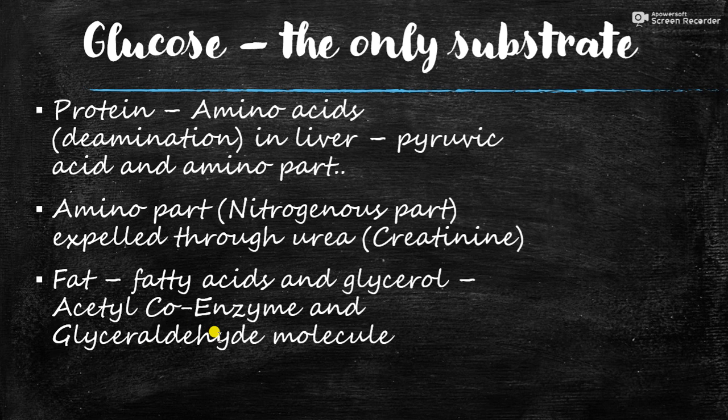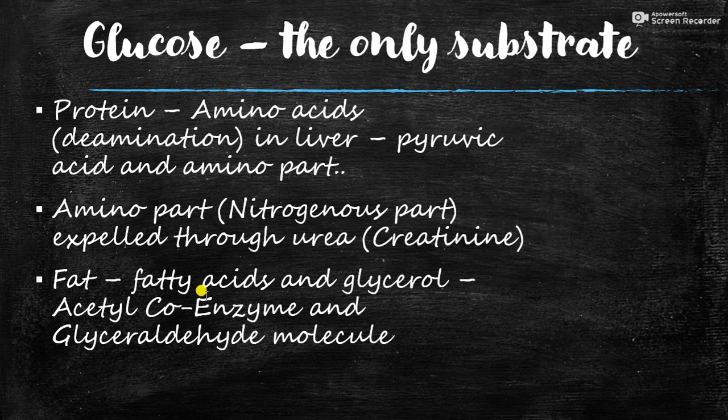So even though we are saying glucose is the only substrate, the other respiratory substrates like protein and fat may also be converted into some simpler products which will join the pathway of glucose. They will also take part in respiration.